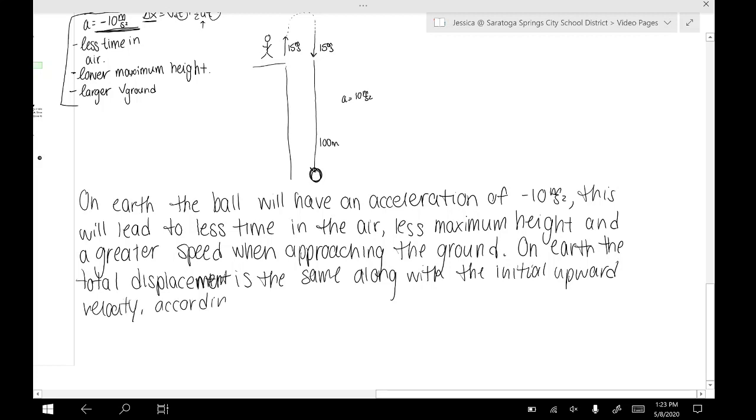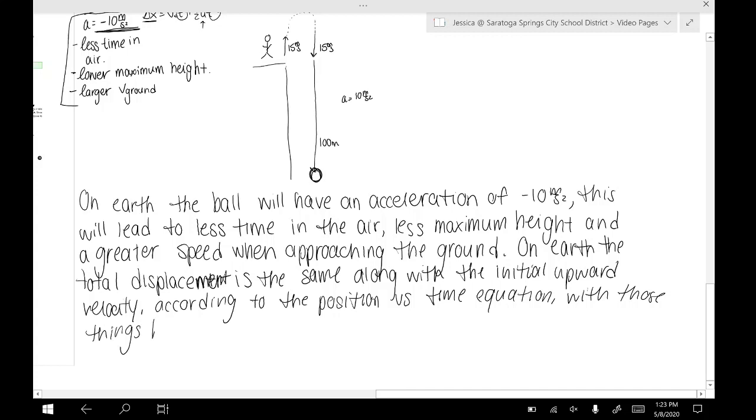According to the position versus time equation, with those things held constant, as acceleration increases, time must decrease.